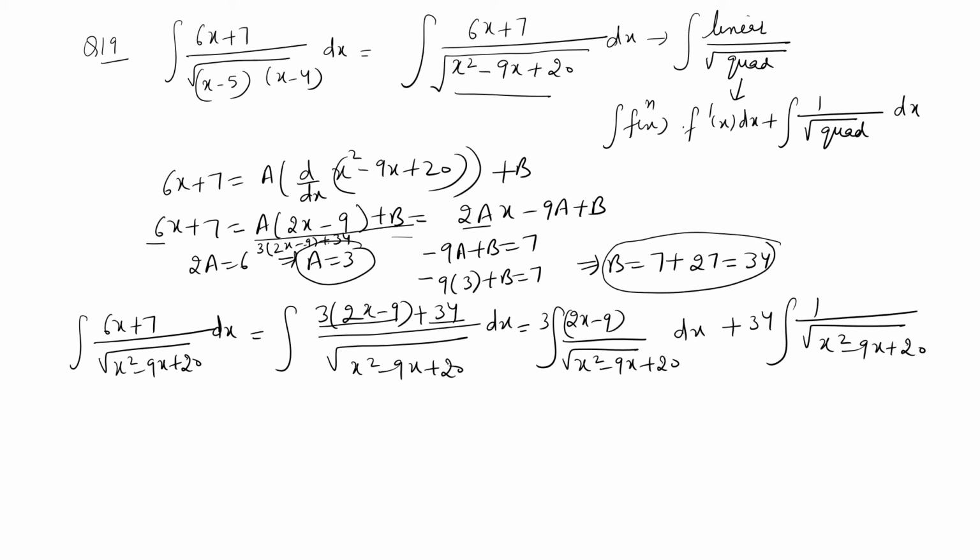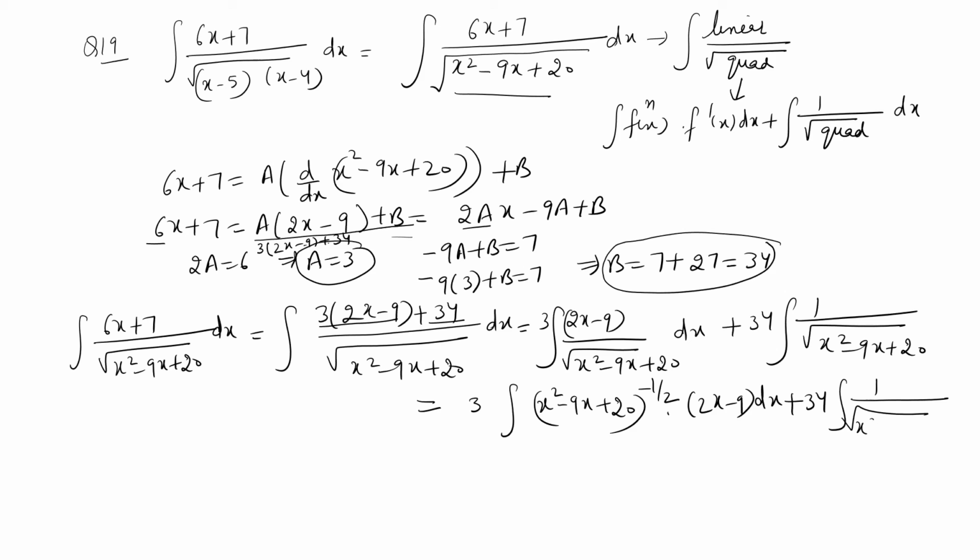Okay, so this is clearly of the form x square minus 9x plus 20 raised to power minus half into f dash x, which is your 2x minus 9 dx, plus 34 times 1 upon root of x square minus 9x plus 20.